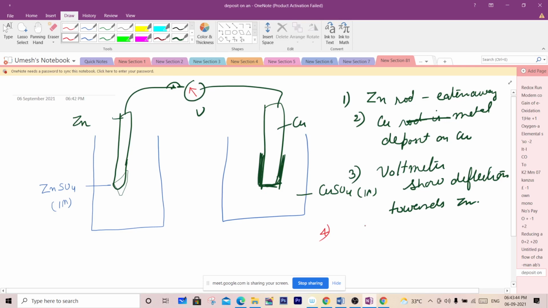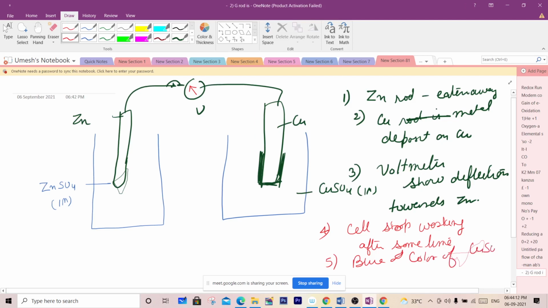And number four, the cell stops working after some time. Means the voltmeter deflection stops. Blue color of copper sulfate fades. These are the observations there.